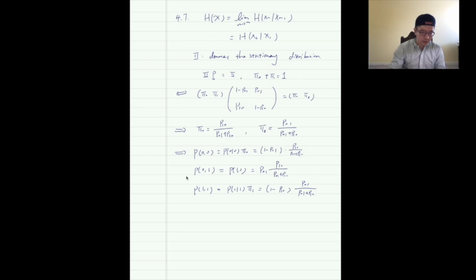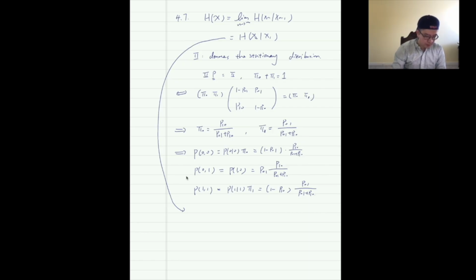Therefore, we can start our computation. We're going to continue the computation here. We want to compute the conditional entropy H of X2 given X1.